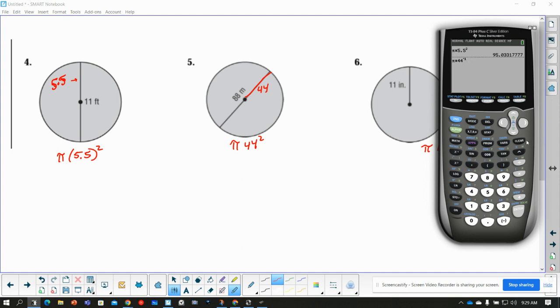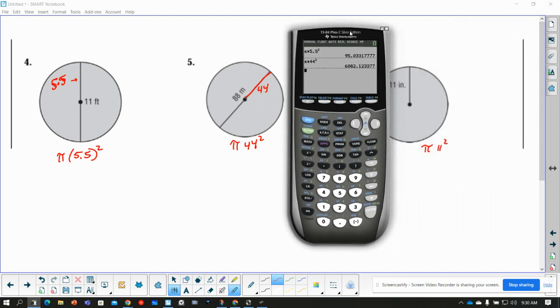Daggone, I'm hitting all the wrong buttons. Try that again. Pi times 44 squared. There we go. And the last one was pi times 11 squared.